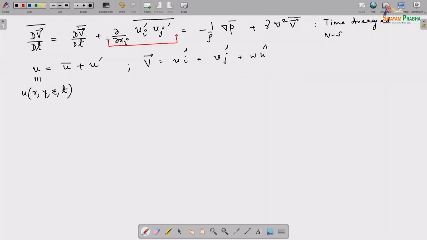Okay. So what exactly is the deal here? Well, this term, if you look at this, is the term which is probably going to cause some computational challenges for us.